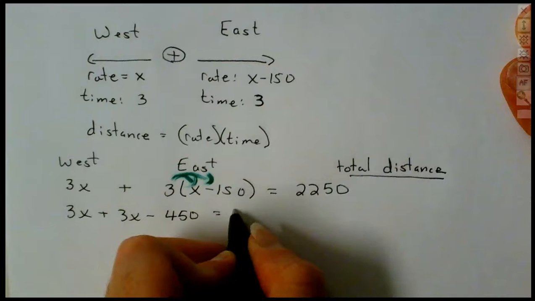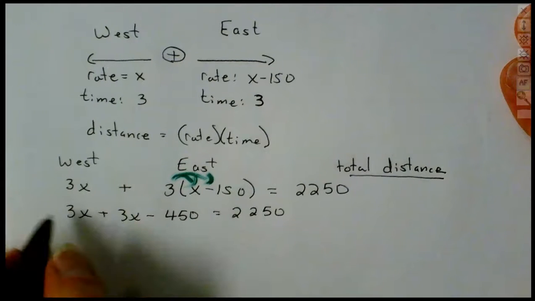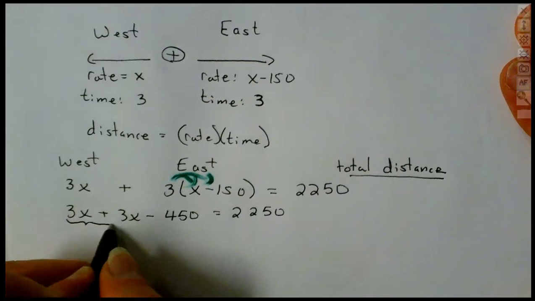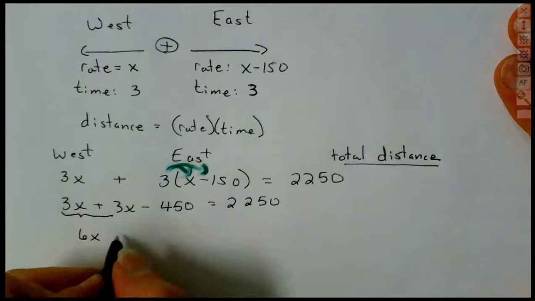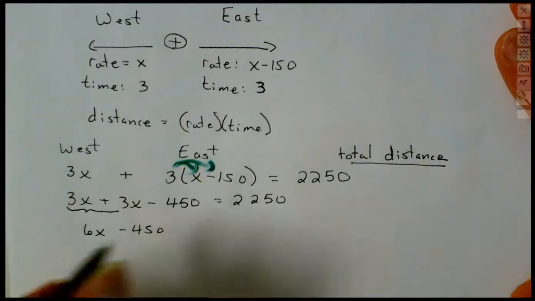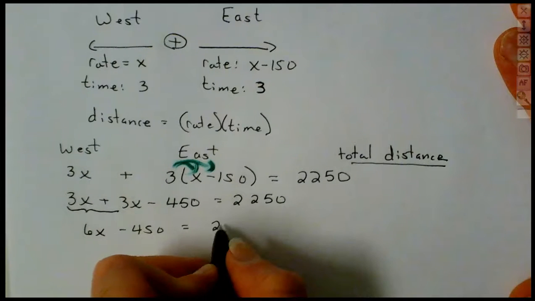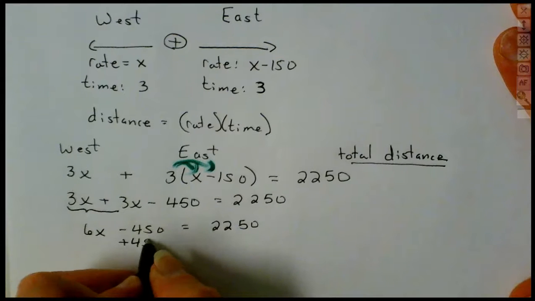And that equals your 2250. We're going to go ahead and combine those together. So that makes it now 6x there, minus that 450. That equals 2250. We'll add on that 450 to each side.